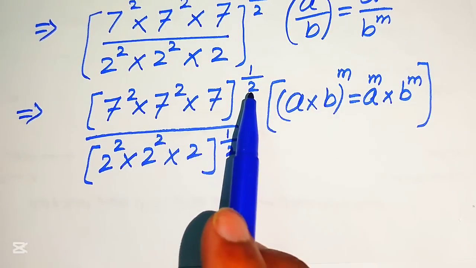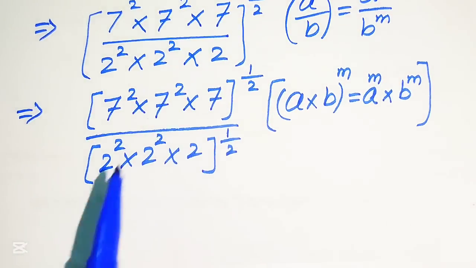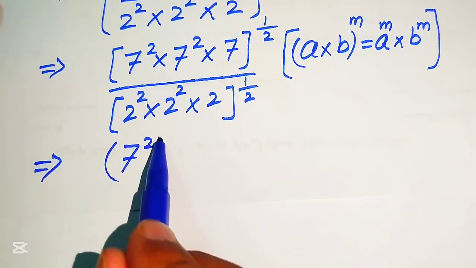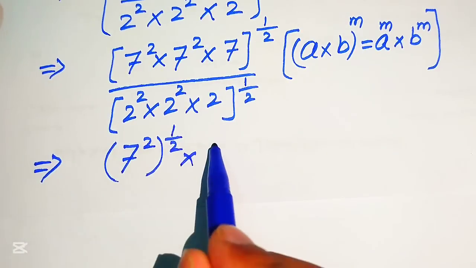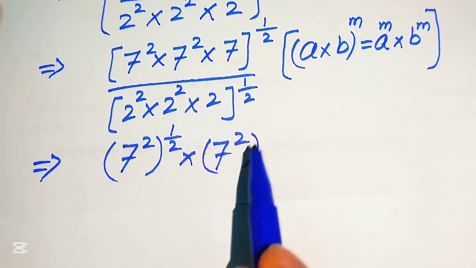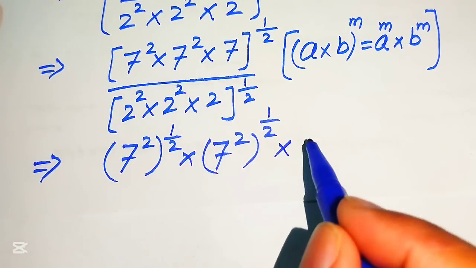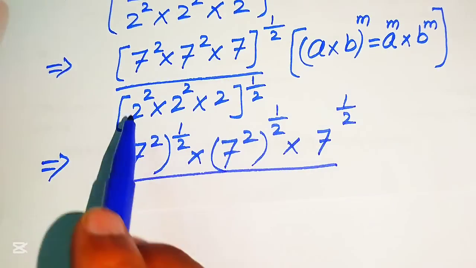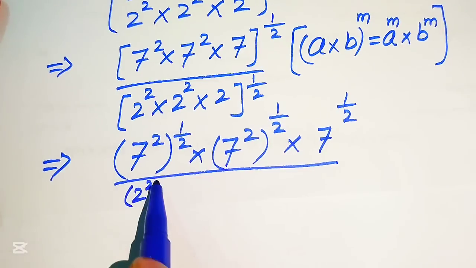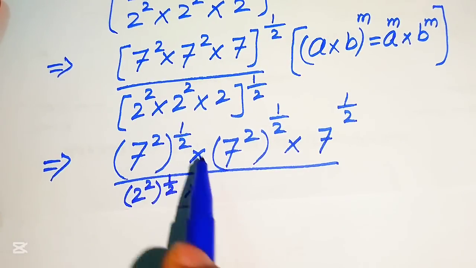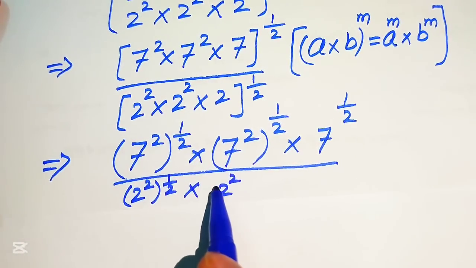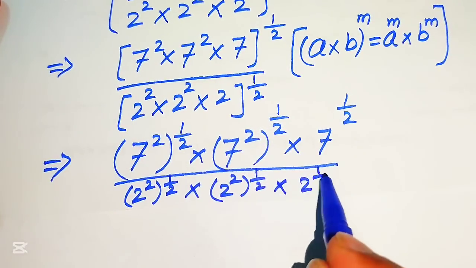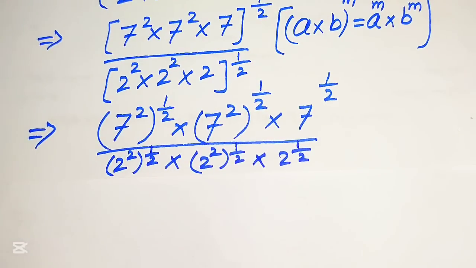Okay, so here we will apply this 1 over 2 on each of these values and it will be written as 7 square and its whole power is 1 over 2 multiplied by 7 square and its whole power is 1 over 2 multiplied by 7 to the power of 1 over 2, and it is divided by 2 square and its whole power is 1 over 2, again 2 square and its whole power is 1 over 2, and 2 to the power of 1 over 2.